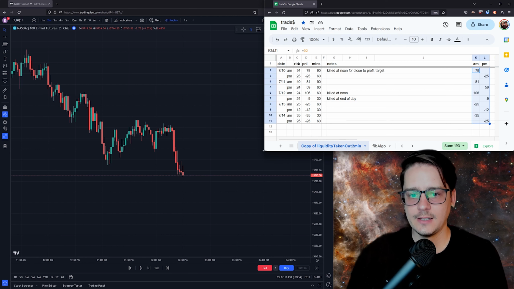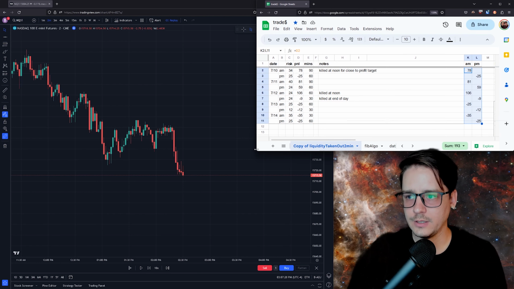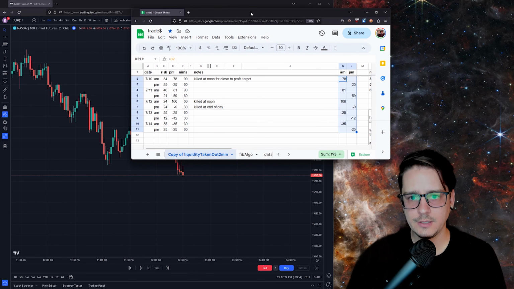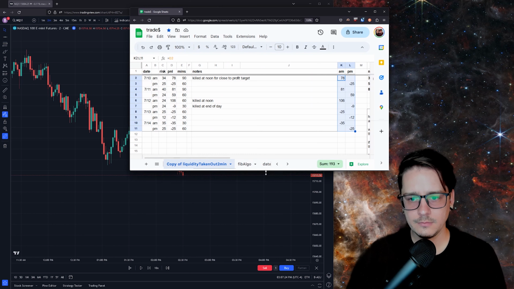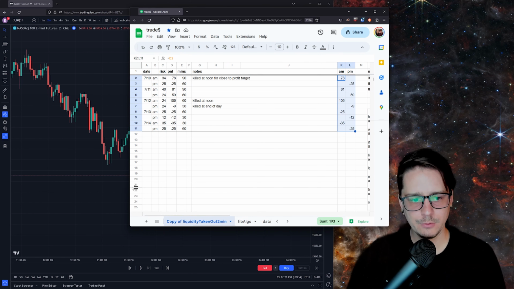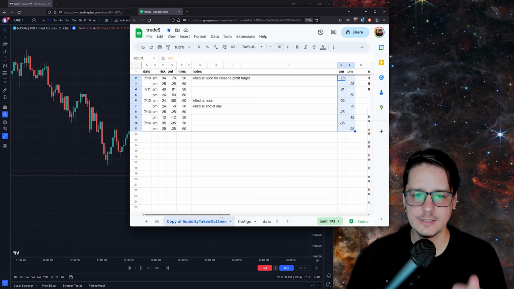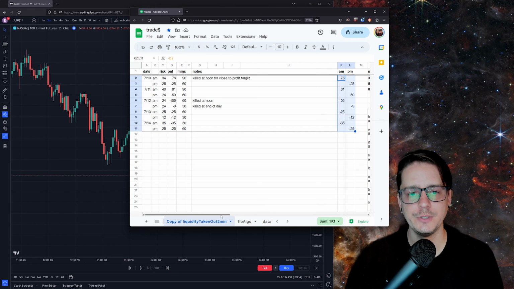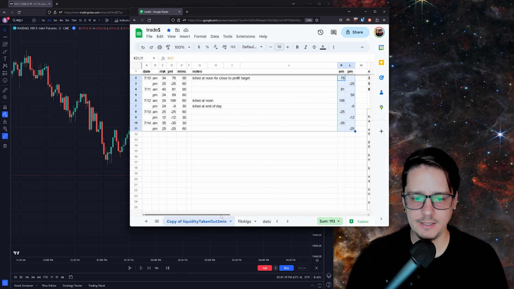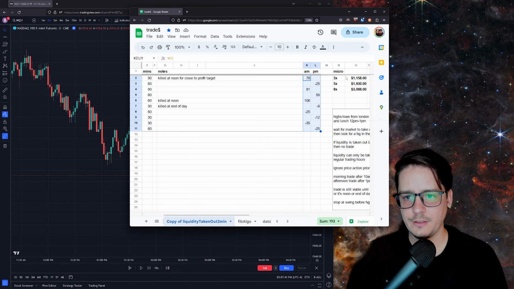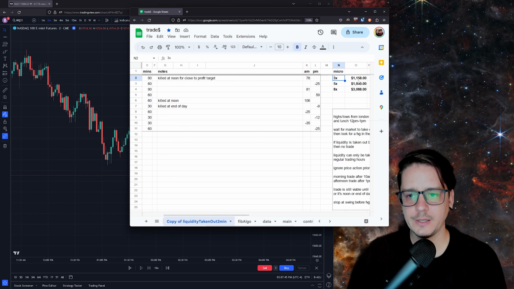I also have some, if we scroll over a little more, let's go ahead and just put this right here on this sheet. So I have the rules right here. And then I have some calculations based on what this strategy would do money-wise, based on micros and based on minis. So in this past week, trading 3 micros, that's what we're doing right now, $1,100.